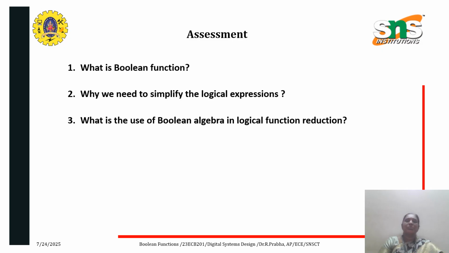Next, Boolean algebra is used in logical function reduction so that we can reduce the number of gates used. In this way we can easily obtain the Boolean function and also the reduction of the Boolean function.